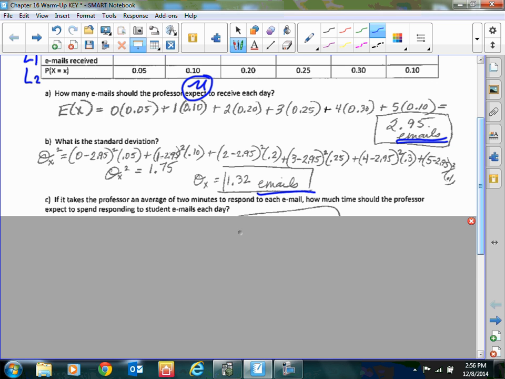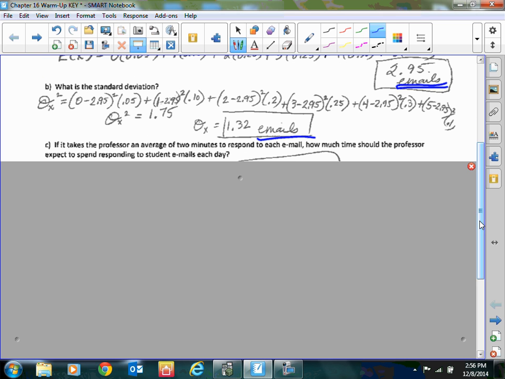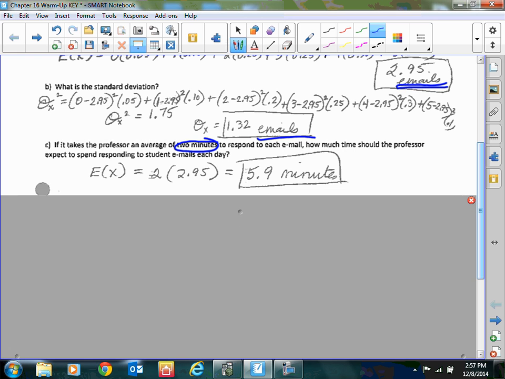Next it says, let's transform the number of emails into time. It says it will take the professor on average 2 minutes to respond to each email. So the expected number for time is 2 minutes times the average amount of emails, and that's how I get 5.9 minutes as an average.